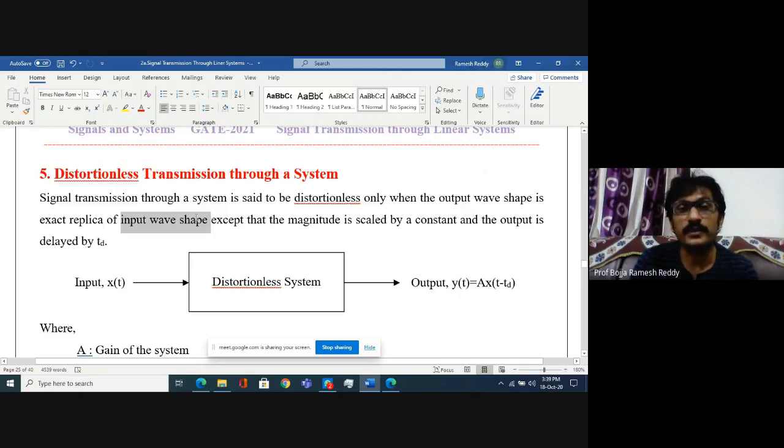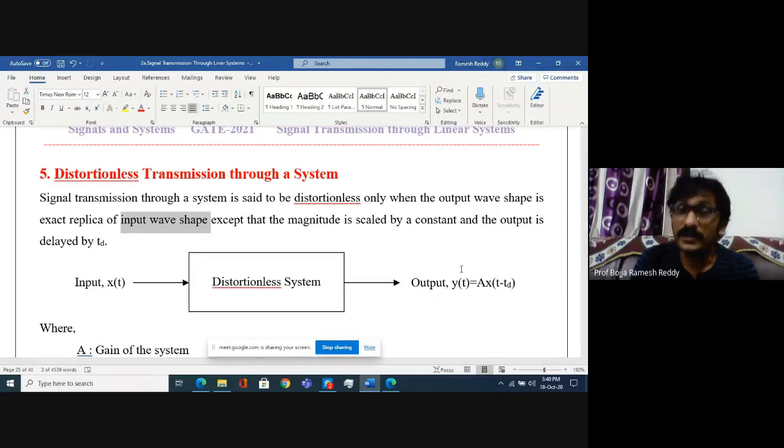Not possible means the output may sometimes be in amplified form, or the output may be a weak signal when compared to input. That is one thing. Output may be equal to some constant into input. That is one case. Another case is output may be delayed. Delay does not mean 1 minute or 2 minutes.